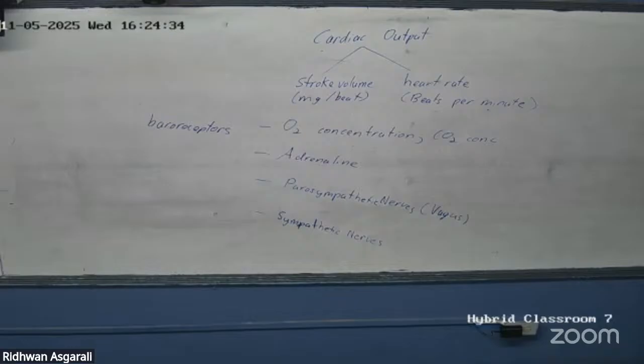Right? Next, if you have a space next to or on top of parasympathetic nerves, just put high pressure. So this occurs when you have high pressure in the body. Right, so you're trying to reduce the pressure.